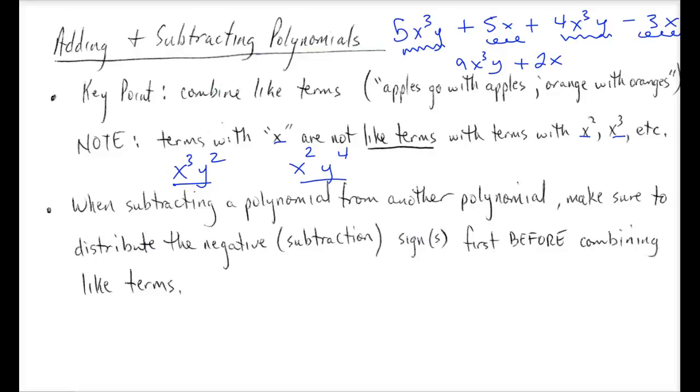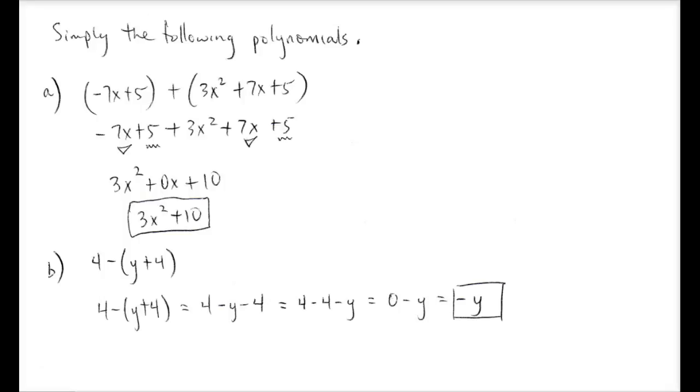Okay, so let's move on, and now let's do some examples. So with our first example here, we just have 2 polynomial expressions. This one is a polynomial expression that looks like a line. This one is one that looks like a quadratic. And so all we're basically doing is combining like terms together.